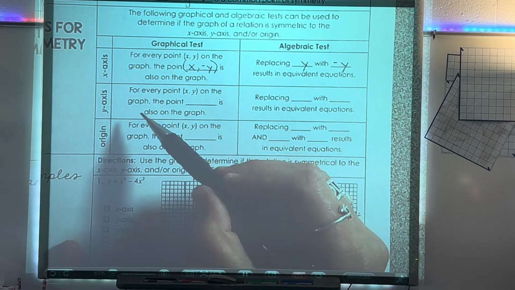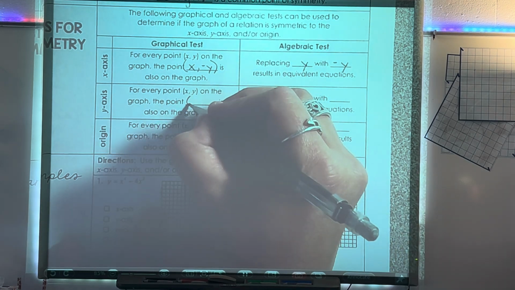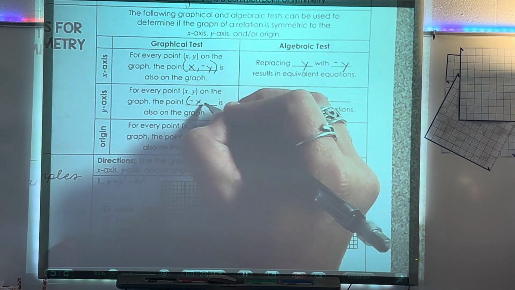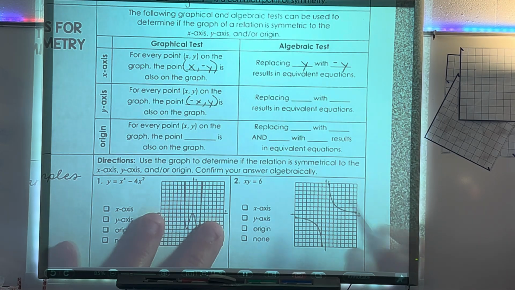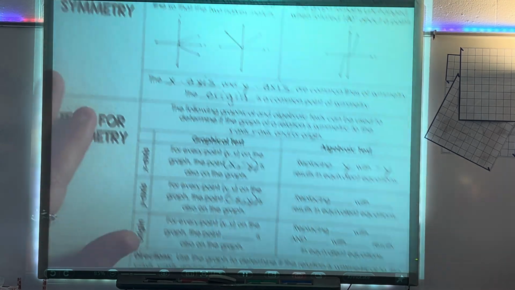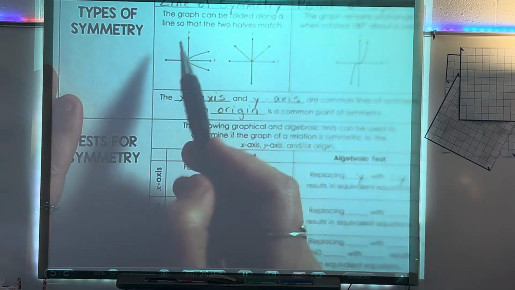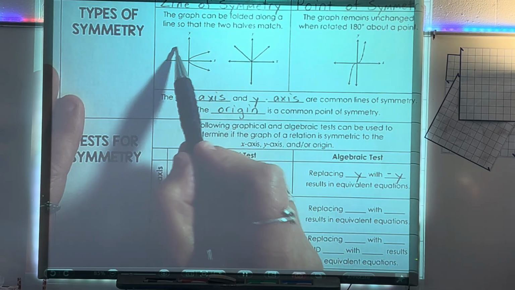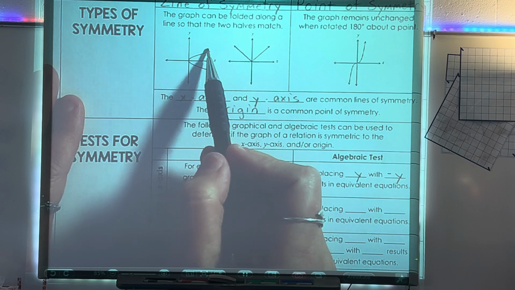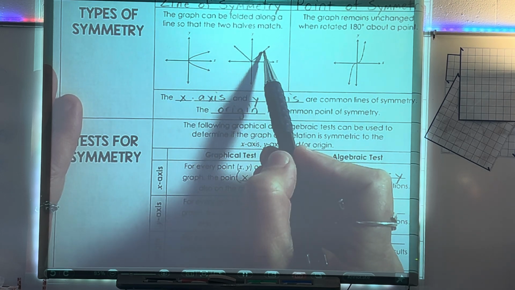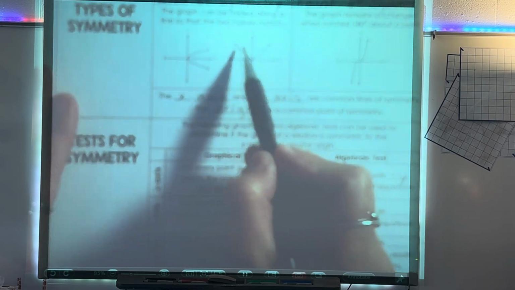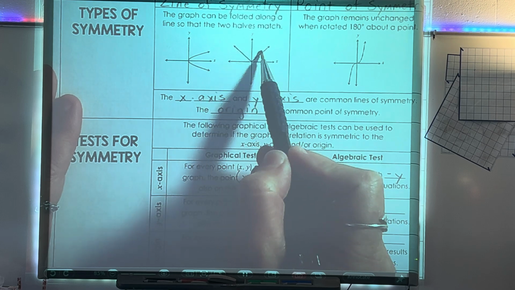All right, for the y-axis, what happens is negative x, you have y. Meaning if I bring an axis line up here and it's reflecting across this axis, or this is my symmetry, then here's a good graph as a representation of that. This point and this point have the same y value.